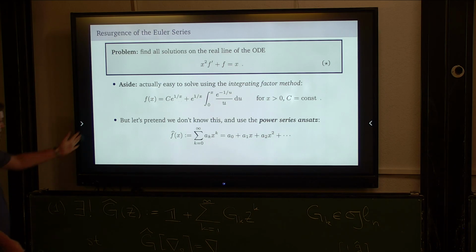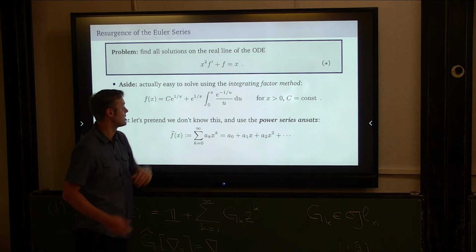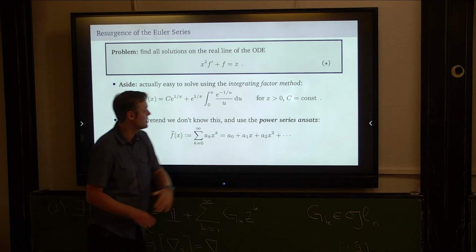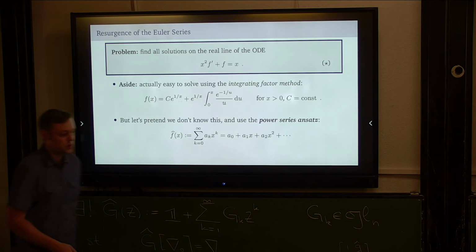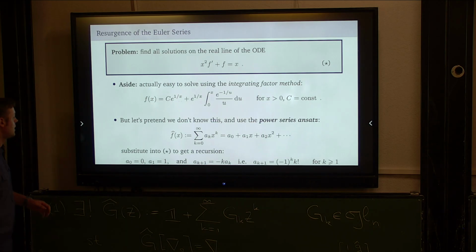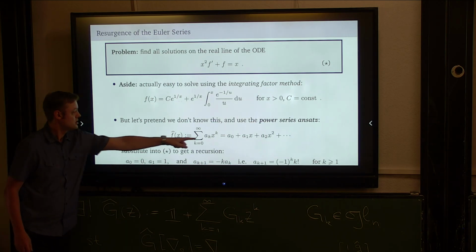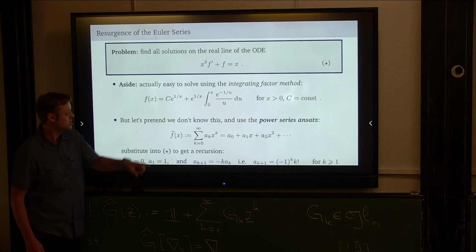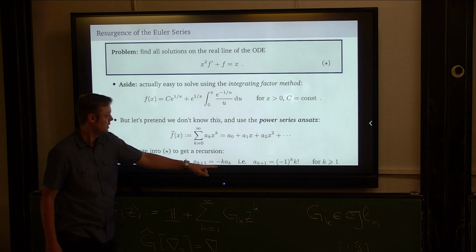So that's our ansatz for solving this equation. It's just a power series in X. So you substitute this ansatz into the equation, and you get a recursion, and it's very simple.